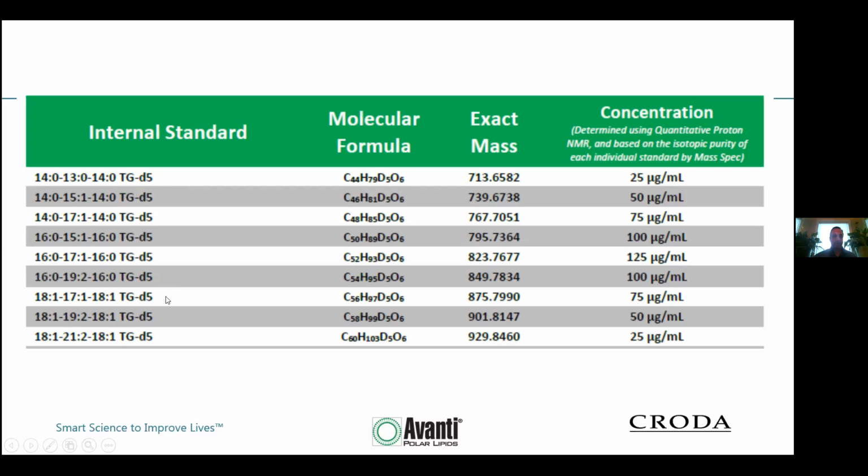Now we have unsaturation in different locations, and then multiple unsaturations, as well as 2 double bonds in this particular one. Also, you can see what we've done is we put different concentrations of these different lipids into the mix.